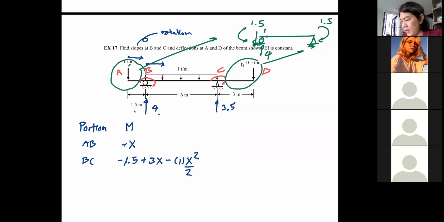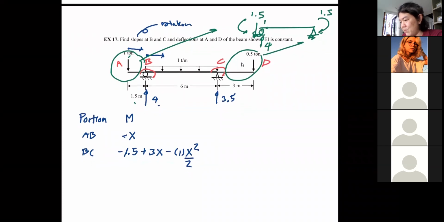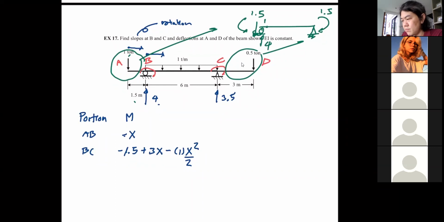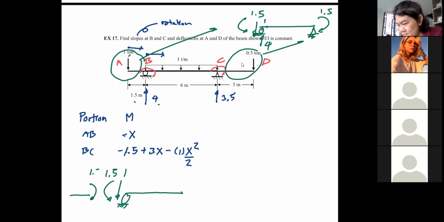Okay, let me write the free body diagram again so that you see what's going on. Right here at the support, I already eliminated the overhanging portion, so I now have the shear of 1 and then the moment of 1.5, correct? Because the free body diagram on the left would be this, this, and then that. Right, guys?